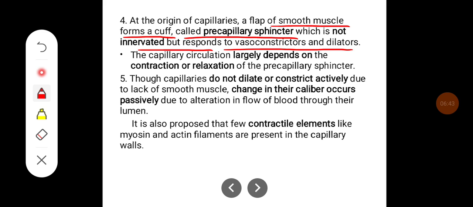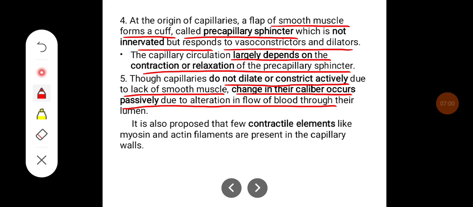The capillary circulation largely depends on the contraction and relaxation of the precapillary sphincter. Though capillaries do not dilate or constrict actively due to the lack of smooth muscle, change in their caliber occurs passively due to the alteration in the flow of blood through their lumen. It is also proposed that a few contractile elements like myosin and actin filaments are present in the capillary walls.